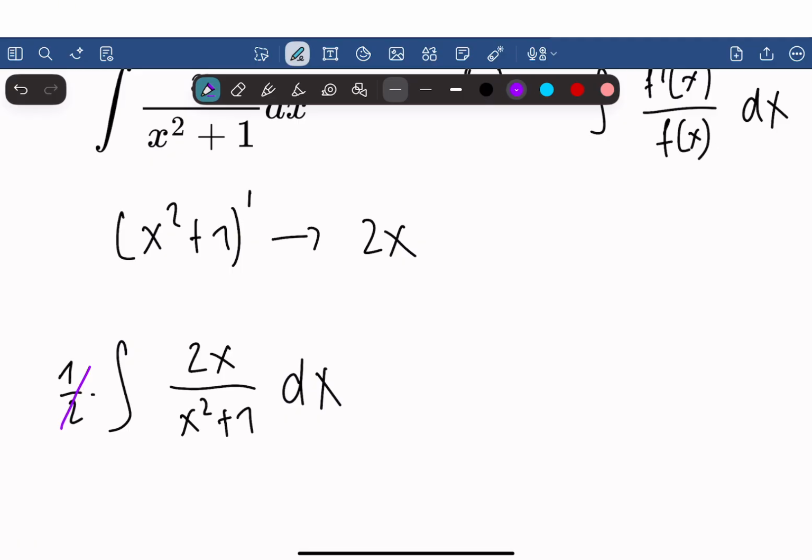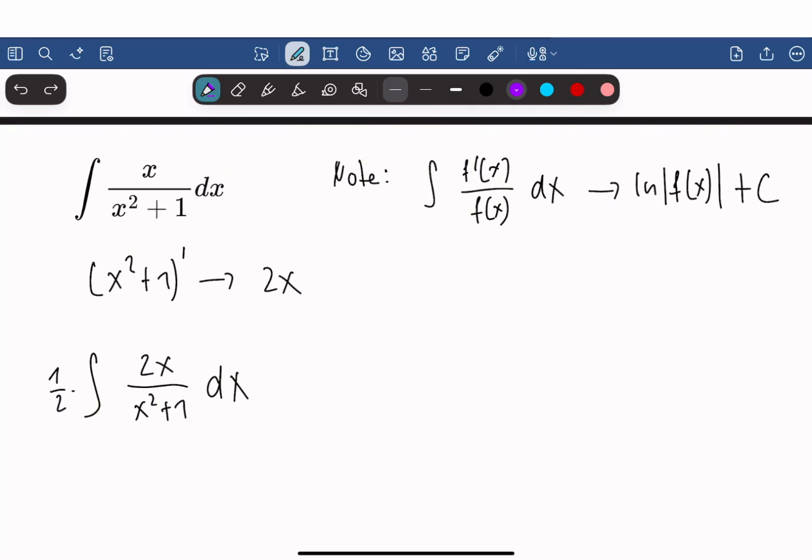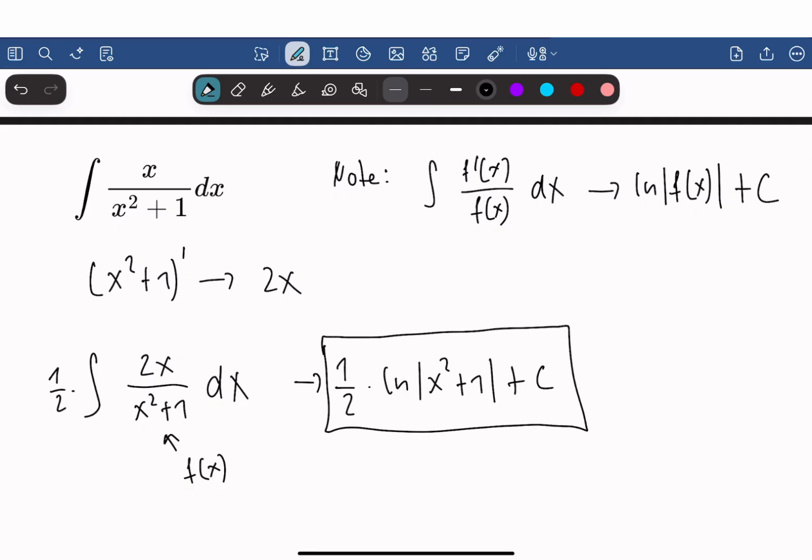So this and this will cancel out, and now we have the form f prime of x over f of x. So we will get, don't forget the 1/2 times the ln of absolute value of x squared plus 1 plus c. We don't actually have to use the absolute value because x squared plus 1 is always positive.